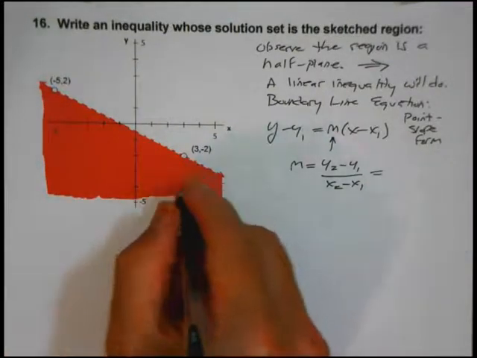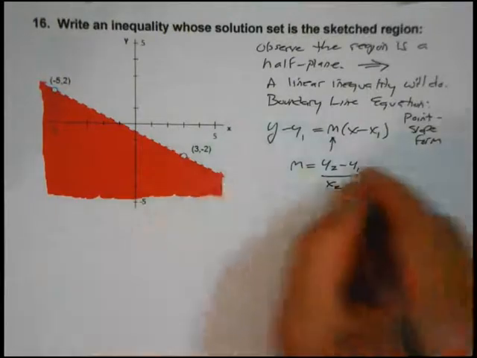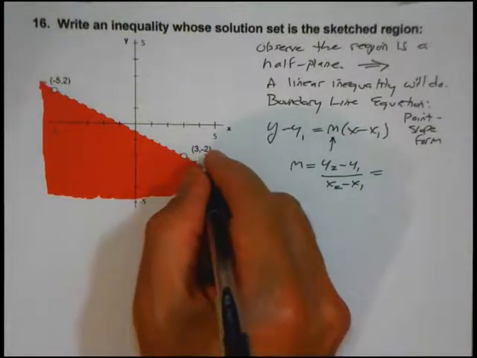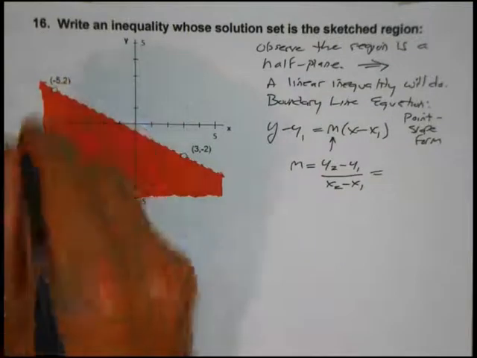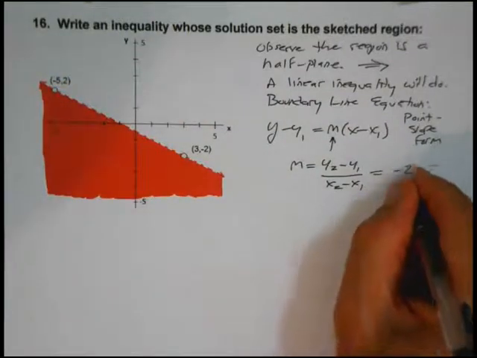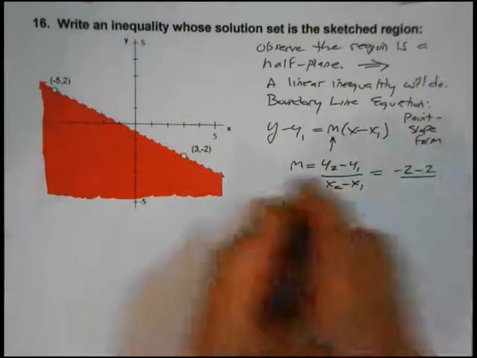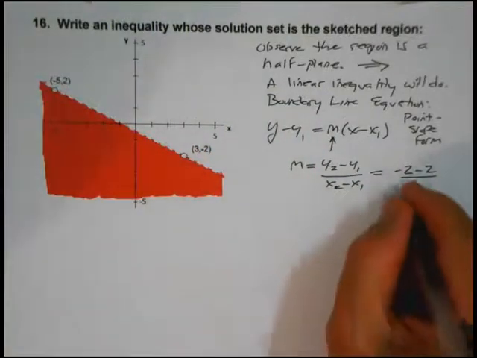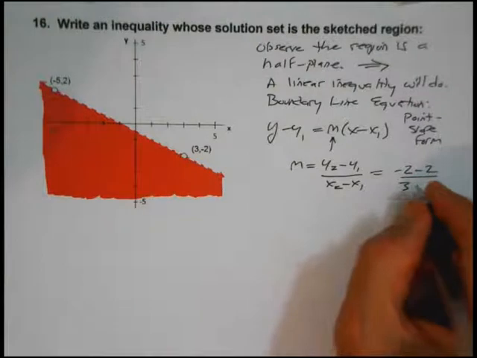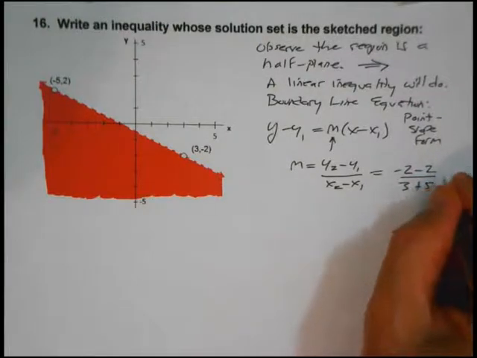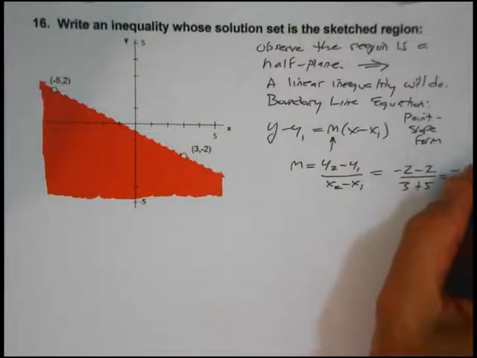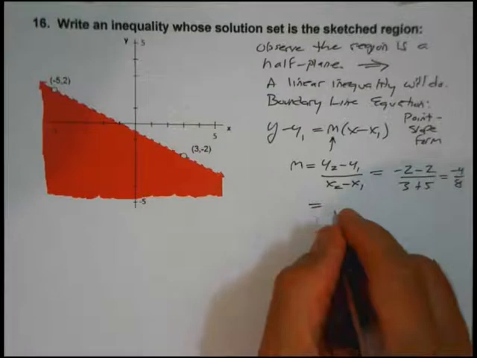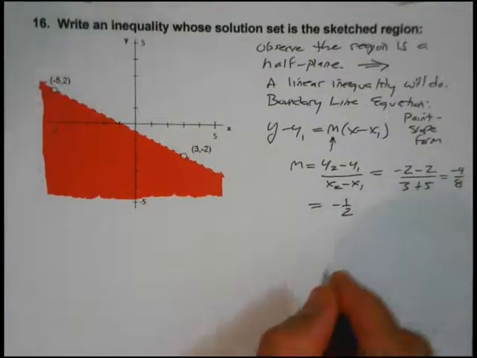So now we would have negative 2 minus 2 over 3 minus negative 5. Alright, minus negative 5 is known as plus 5. So this becomes negative 4 over 8, more simply known as negative 1/2.